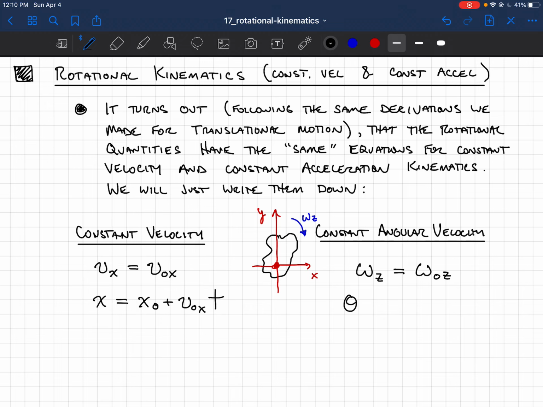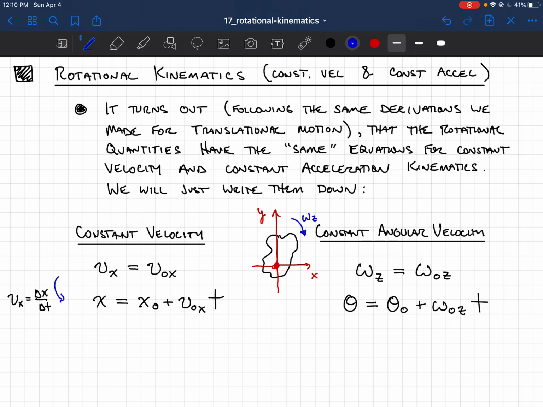Well, what does that imply for the position? Exactly the same thing. Theta is equal to theta naught plus omega naught z times t. I'm just writing it down exactly based on this equation here. And the reason I can do that is because the definitions are exactly the same. I'll just say this once. v_x is delta x over delta t.